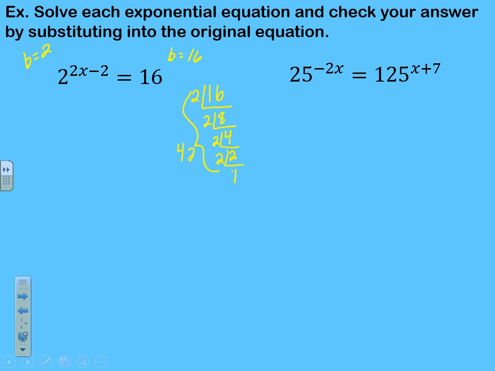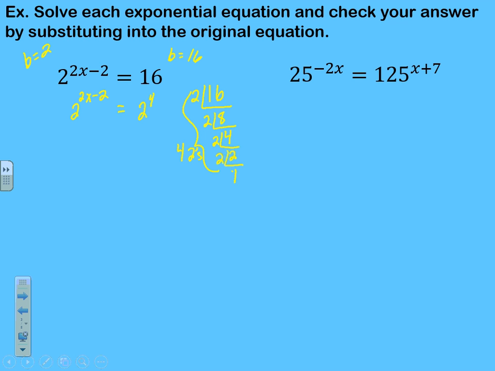So it takes 4 2's to make 16. So that tells me that 2 to the fourth power is the same thing as 16. So I can rewrite 16 to be 2 to the fourth power.